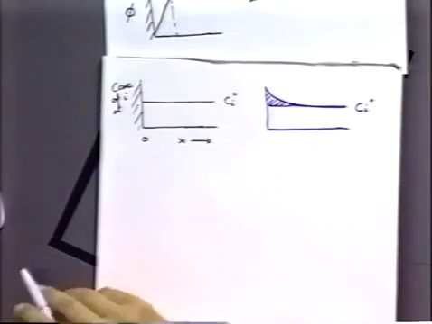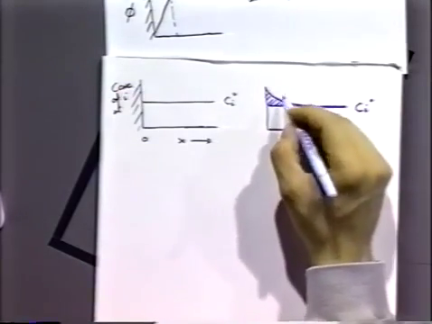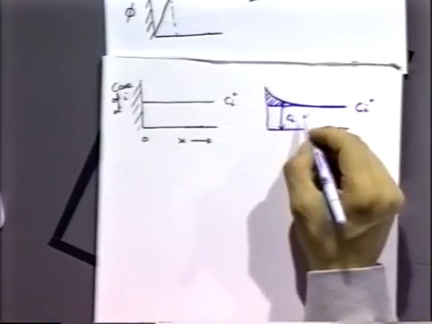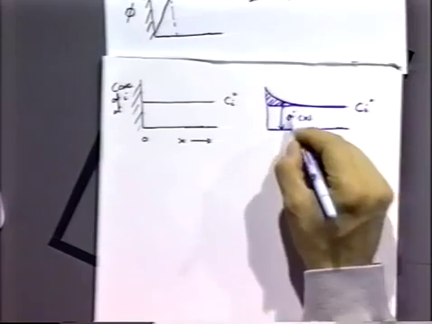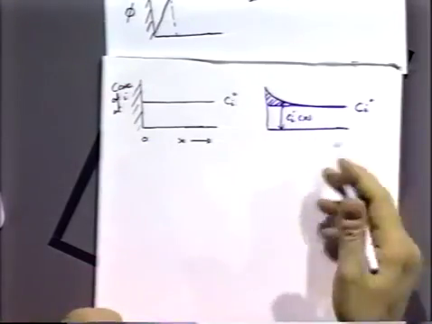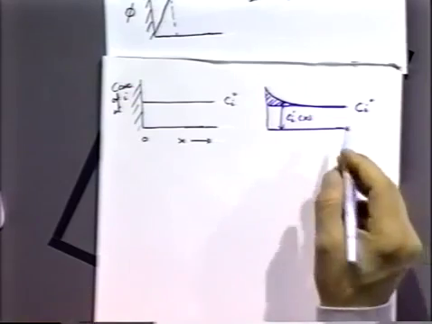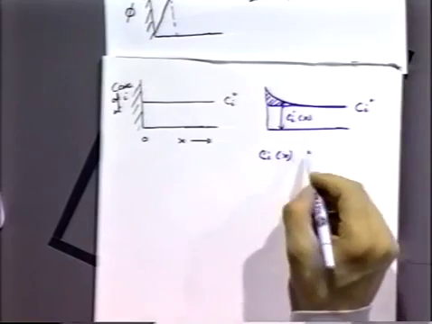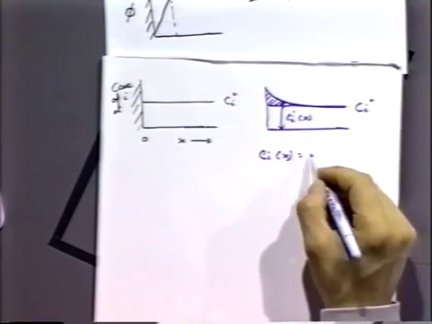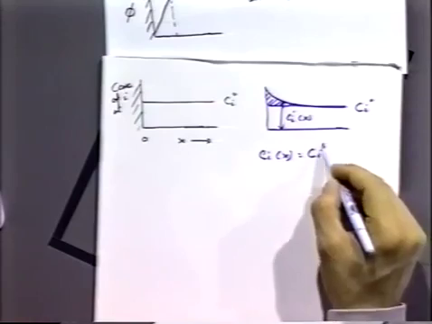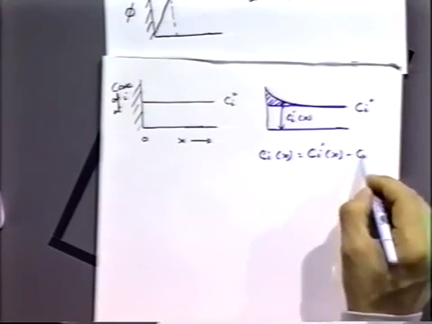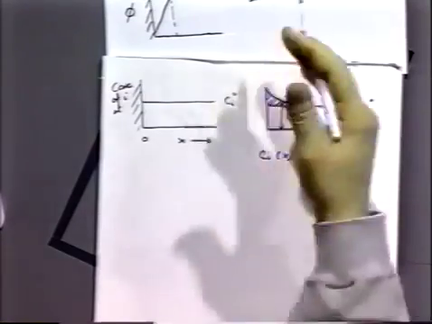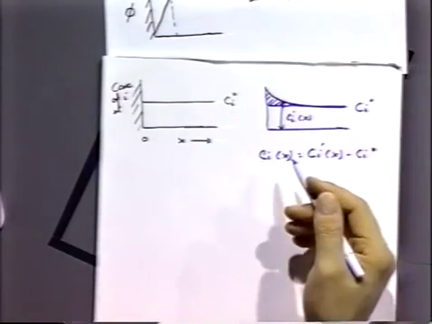So we'd have still C sub I in the bulk, but then at a particular distance we could refer to the concentration of I at the interface, C sub I prime, at a particular distance x as having some value. So C sub I x is equal to C sub I prime x minus C sub I 0. In other words, C sub I x is what we're going to call the surface excess amount of that particular material.